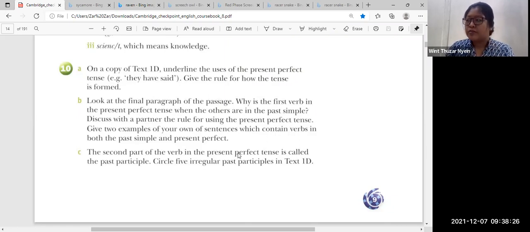For example, I have had spicy noodles before. And for example, I have been to USA. So this is showing your experience, right? You have been there before. That means if you would like to show the experience, you have to use present perfect tense.